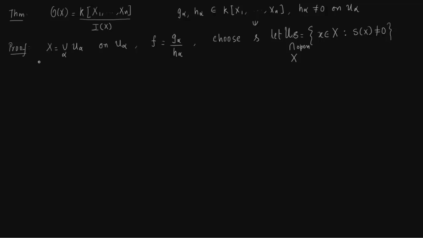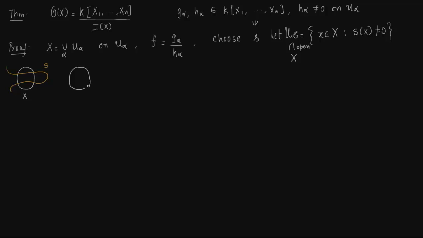So U_S is open in X. First we will draw X as a circle. Now notice this is a polynomial S. What is U_S? U_S is precisely those points where S is non-zero.